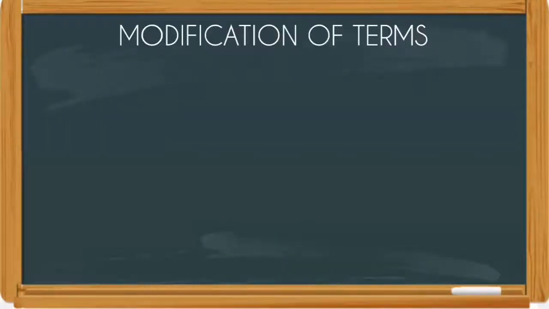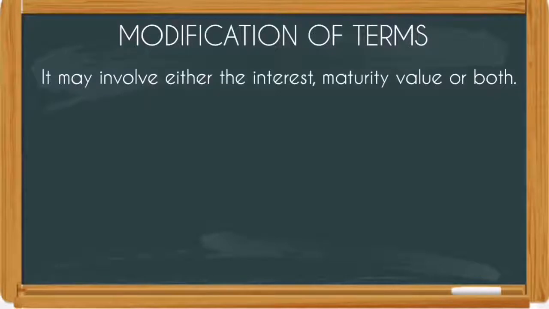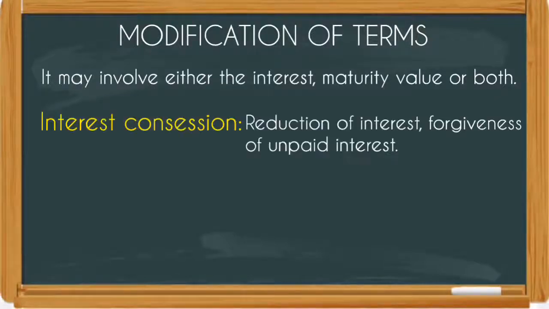And the last form of debt restructuring is through modification of terms. It may involve either the interest, maturity value, or both. In the interest concession, it is the reduction of interest or forgiveness of the unpaid interest.